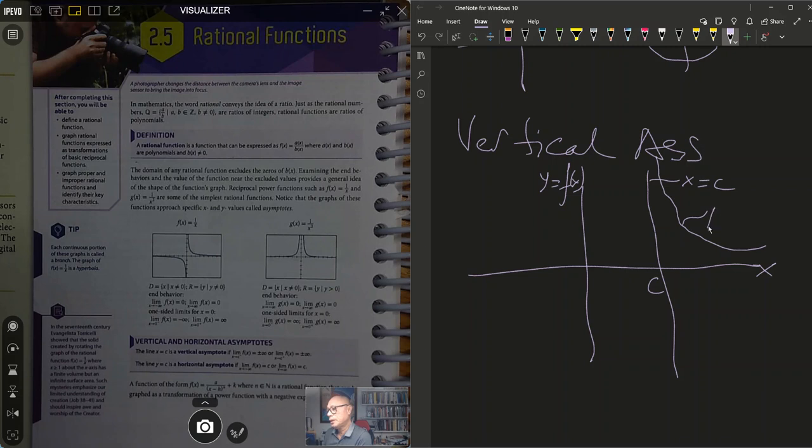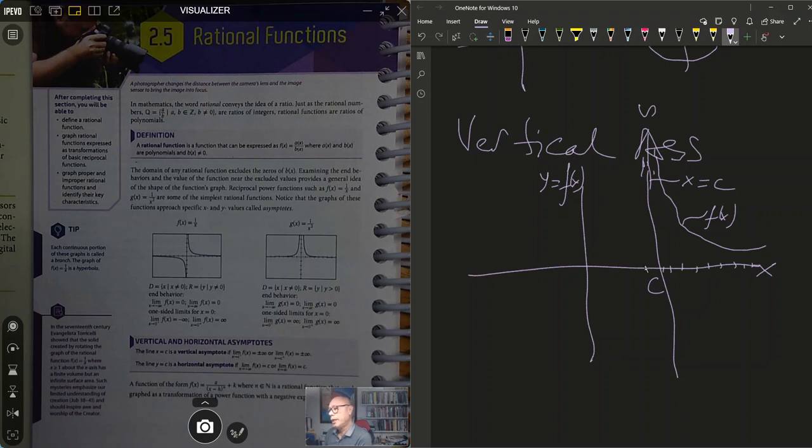Where the value of x is going to c, the value of f(x) is getting higher and going to infinity.